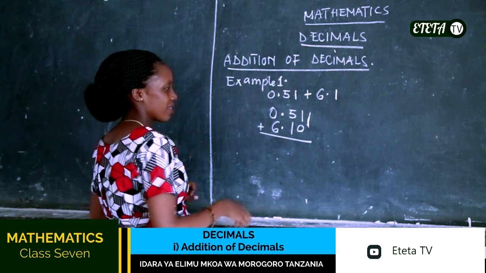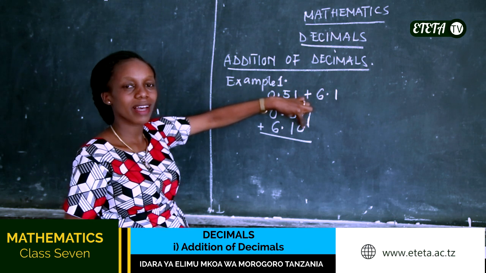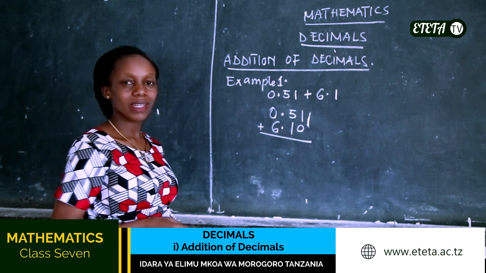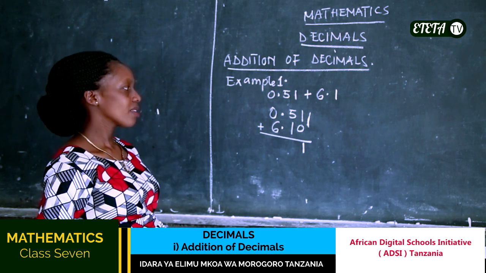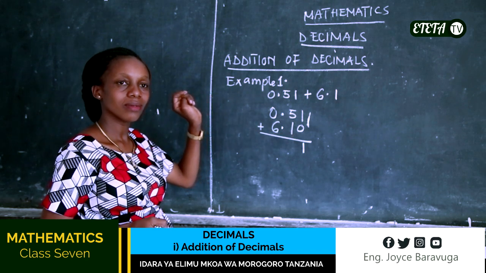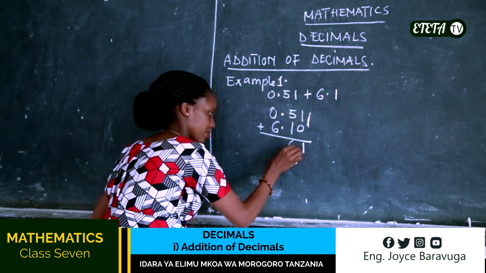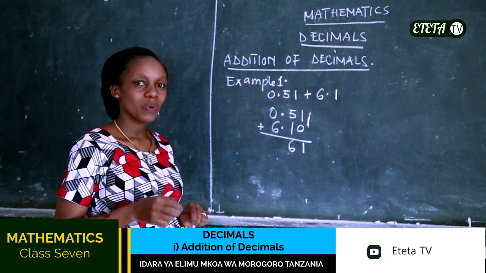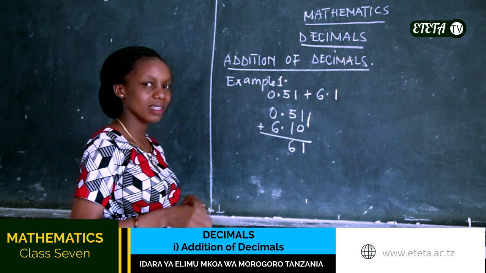Therefore, we are going to start. Here we have 1 plus 0. What is the answer? 1 plus 0 is 1. Then 5 plus 1 is 6. Then we are going to write the decimal point as it is.